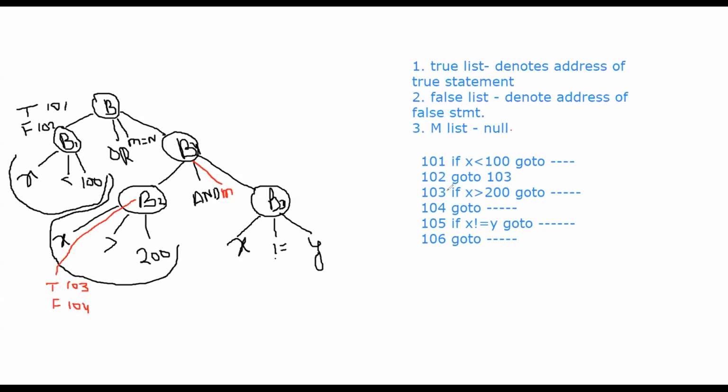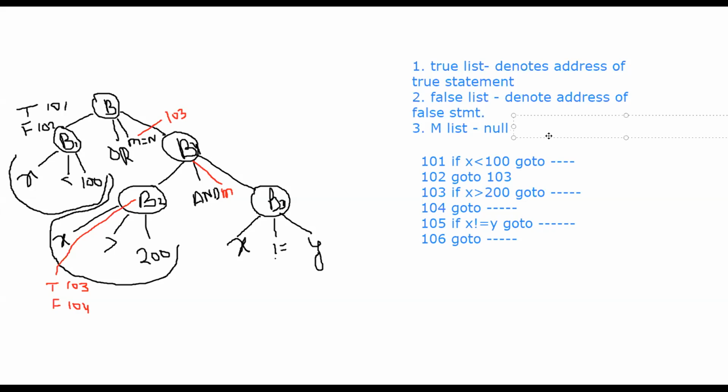B2 condition is written at 103. So the M list will contain now 103. What will be the value of the M list?